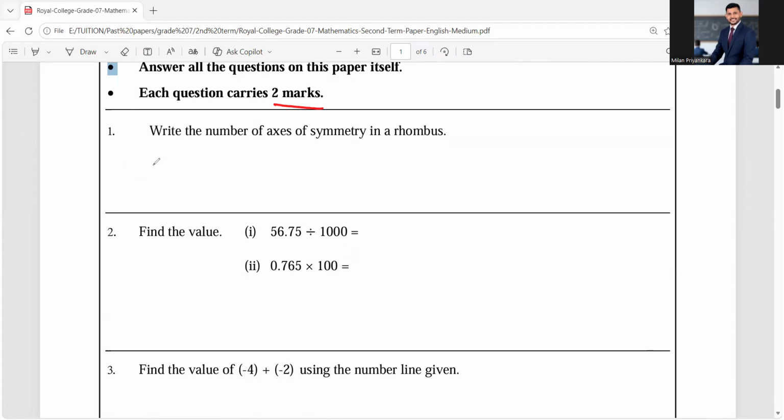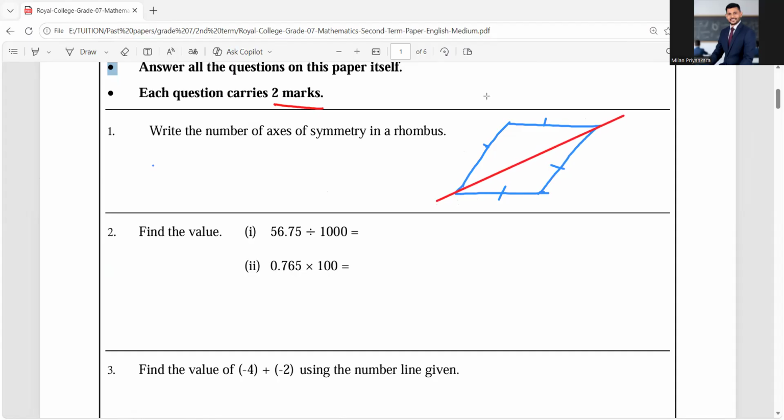Okay, now let's start writing this. Write the number of axes of symmetry in a rhombus. As we know, a rhombus is something like this, just like a parallelogram, but the important thing is that it has all its sides equal. If you look at a parallelogram, it has 2 axes of symmetry. You can see it is something like this.